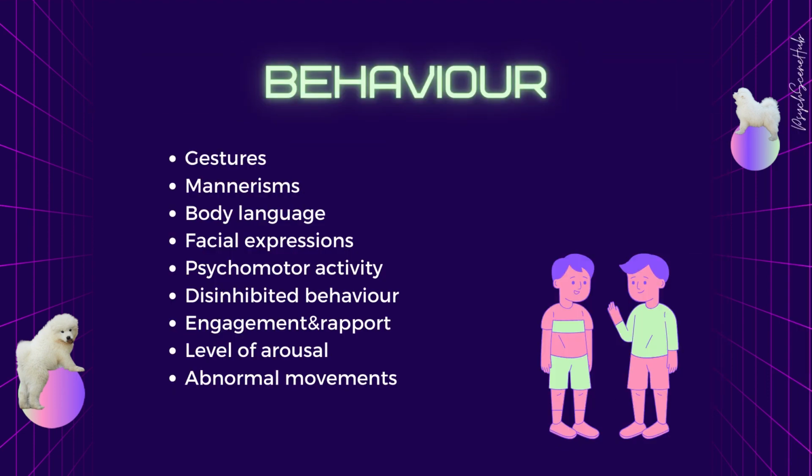Our next step is behavior assessment. Here we look at gesture as an integral feature of nonverbal communication. We also take a look at the mannerisms, because many of them may be symptoms of psychiatric disorders such as compulsions and rituals. Then we take a look at the eye contact and body language.